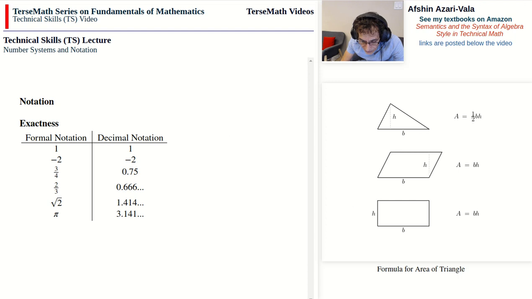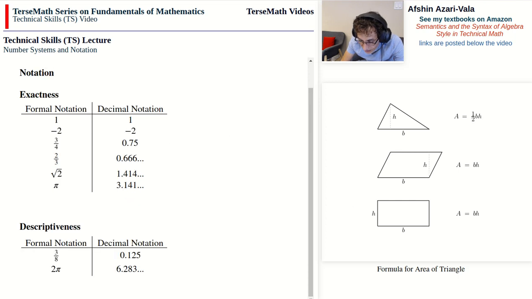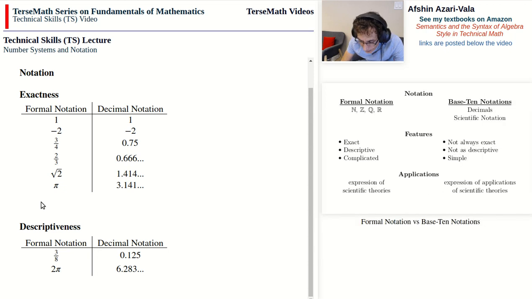Now the next thing we need to talk about is descriptiveness, and for this I'll give you again a table where on the left side I have formal notation 3/8, which has a decimal equivalent of 0.125, and 2 pi, which is 6.283, and so on.